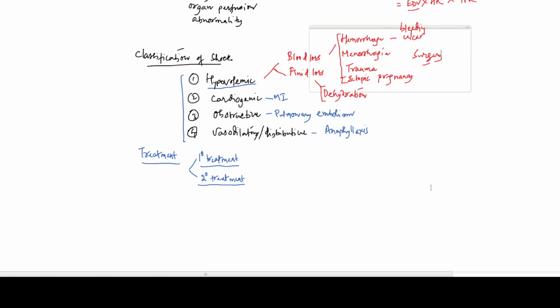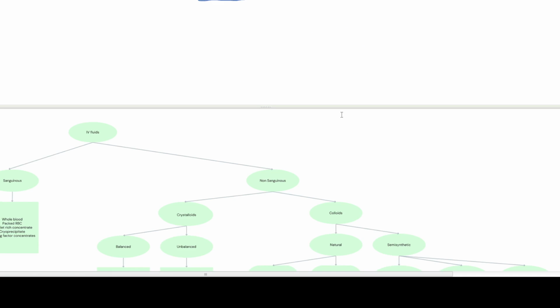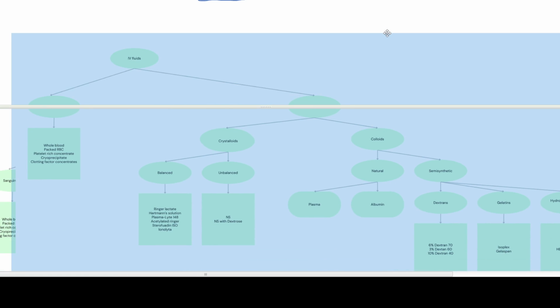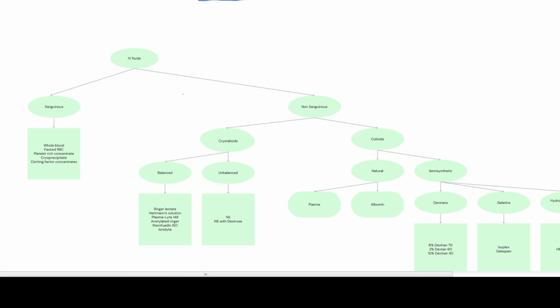Okay, all right. So which brings us to what could be the drugs used in the secondary treatment of shock. So the drugs that are used for shock, we can classify them as the first class that we are going to look at is IV fluids. Okay?